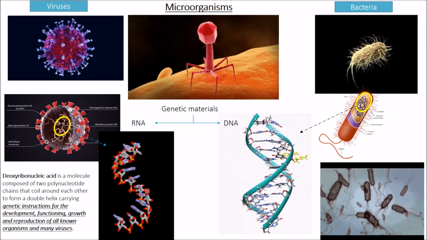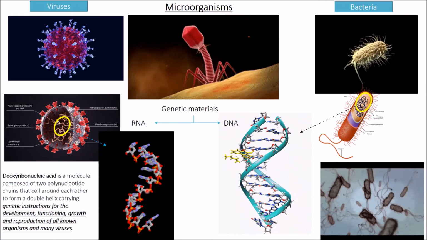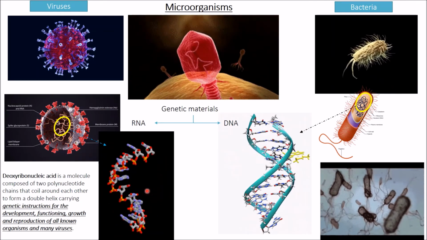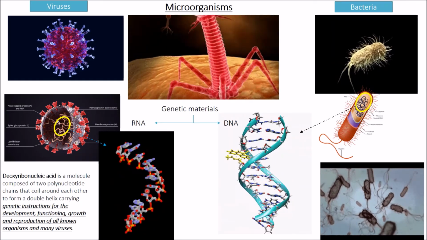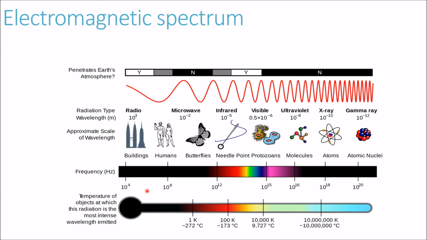So why are we looking into this? Because I want to show you what ultraviolet radiation does to this DNA and RNA. But before we go to the ultraviolet radiation, let's have a quick look at the electromagnetic spectrum, all the kinds of radiation available in this world, or rather in this universe.